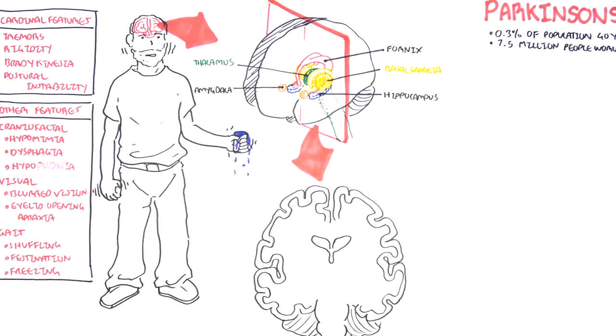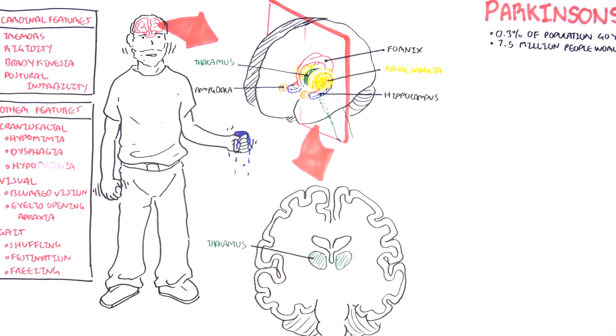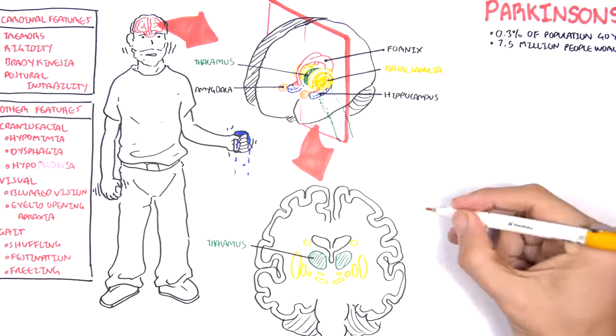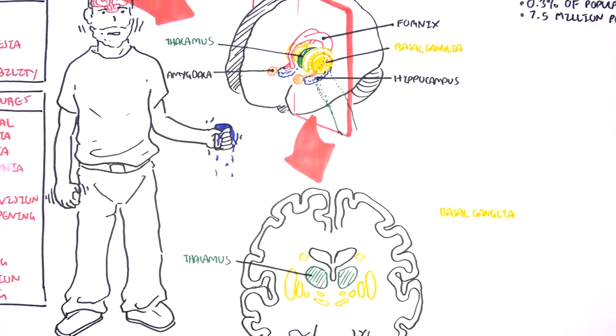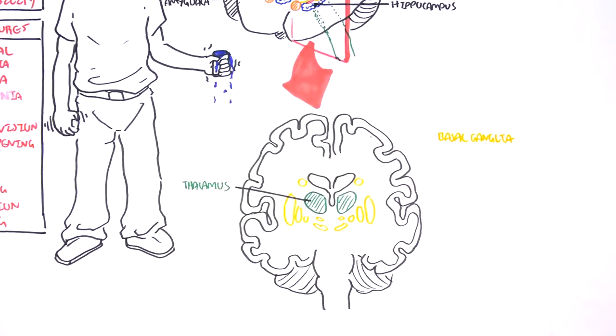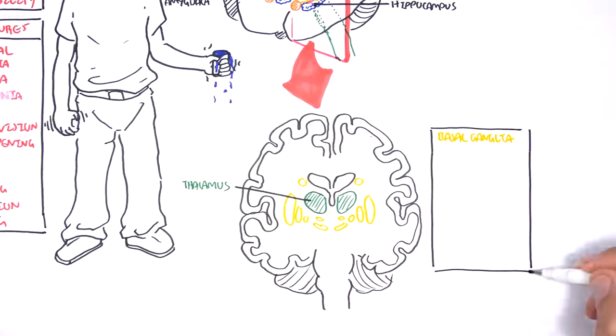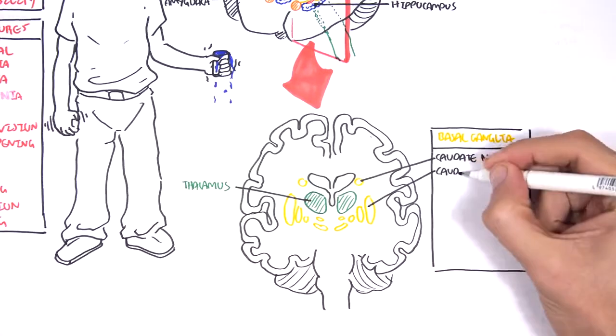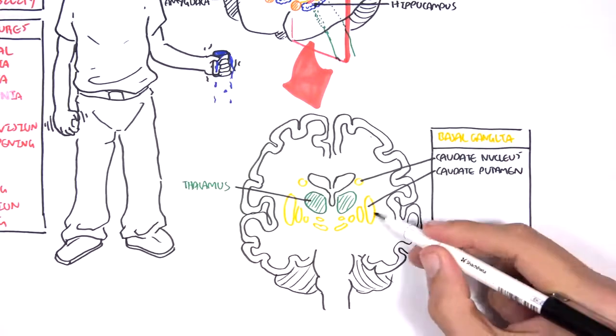So here we're looking at a section of the brain. Here in green is the thalamus, just to orientate where we are. All these structures in yellow here, they are part of the basal ganglia. The basal ganglia is made up of the caudate nucleus, caudate putamen, the globus pallidus, of which we have an external and internal part.